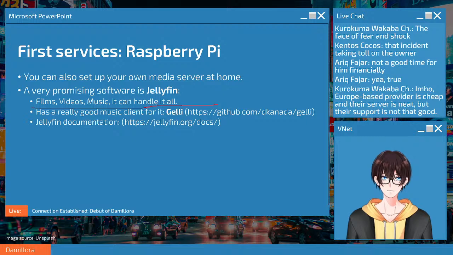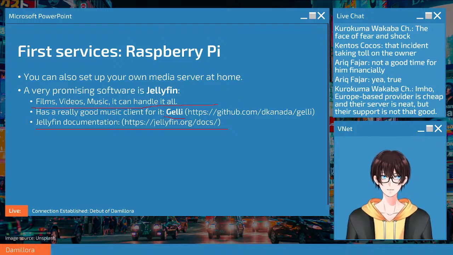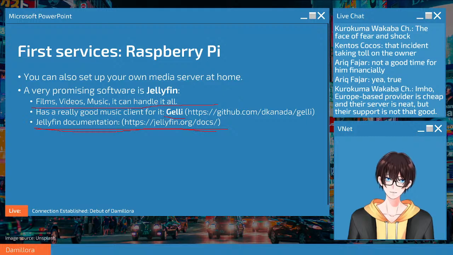I really like this application because its integration is just top notch. If you want to learn setting up Jellyfin, it's a bit more involved because it is built on .NET. But you can learn how to set it up in the documentation here.